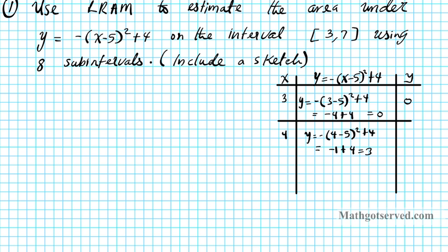Output here is 3. And then for 5, we're going from 3 all the way to 7. So we'll plug in 5, we get y equals negative (5 minus 5) squared plus 4. Okay, 5 minus 5 is 0. Negative 0 plus 4 is simply positive 4. Okay, output is 4 for the input of 5.